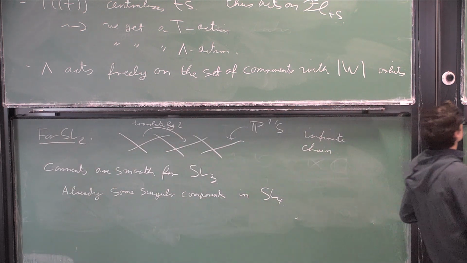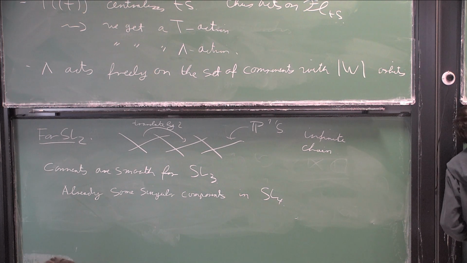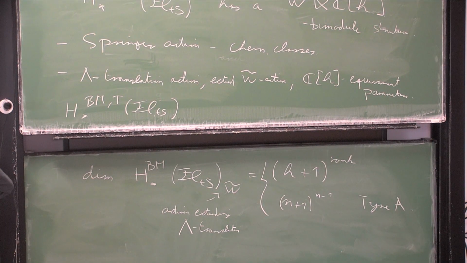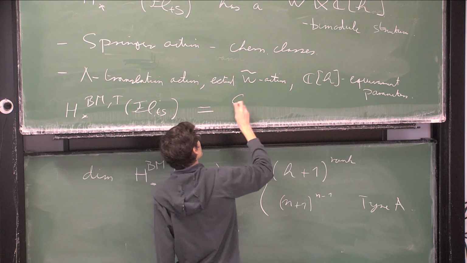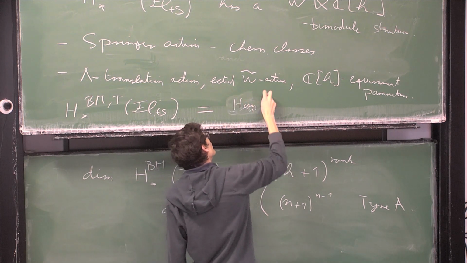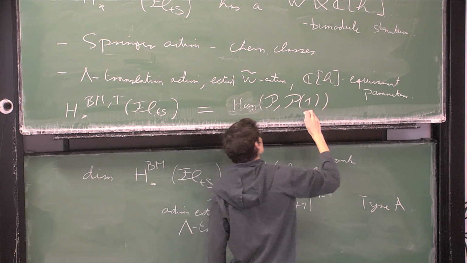So I'm going to write something that I would need to be careful about, but this T-equivariant Borel-Moore homology of FLTS, modulo being careful, is Homs of the Procesi bundle to the Procesi bundle twisted by 1.